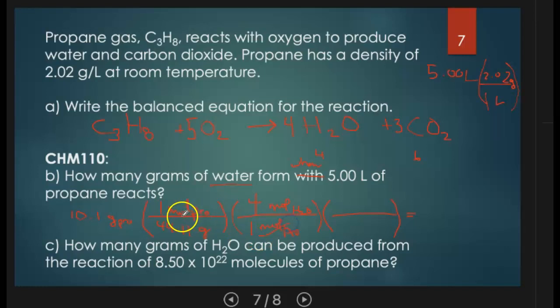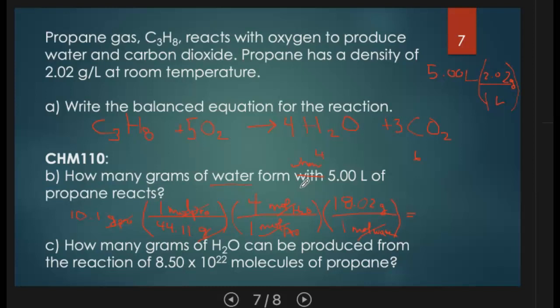So at this point, moles of propane would cancel out, grams of propane would cancel out. We'd be in moles of water, but they're asking us specifically for grams of water. And so for every 1 mole of water, we're going to get 18.02 grams. Now moles of water would cancel out, and now we can just run this through our calculator.